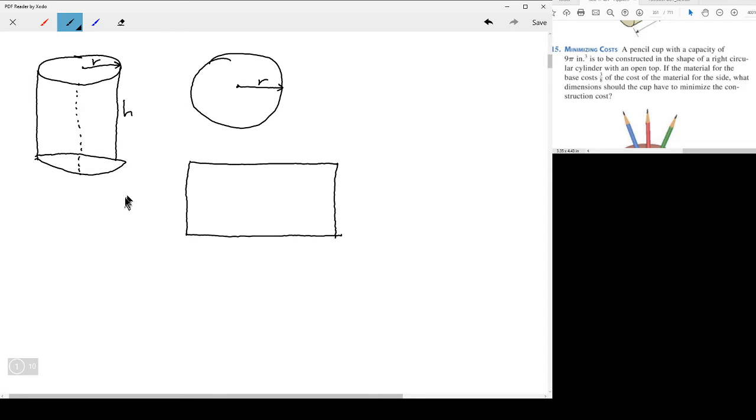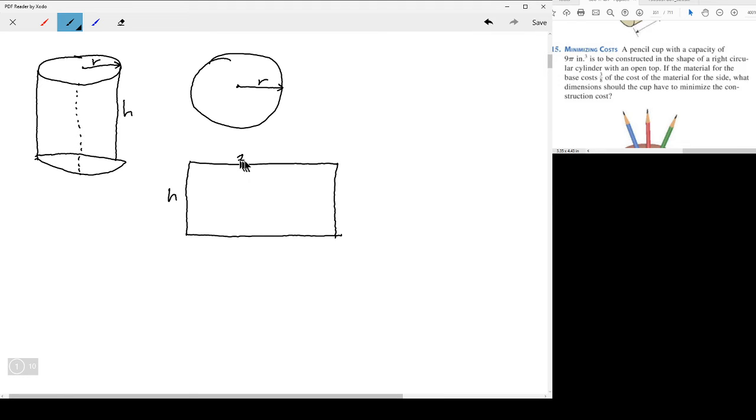Let's start with the dimensions of the rectangle. The height of my rectangle is the height of the cylinder. This side of the rectangle is the side that wraps around the circle, so you're going around the circumference. The circumference of a circle is pi times the diameter, or 2 pi times the radius.